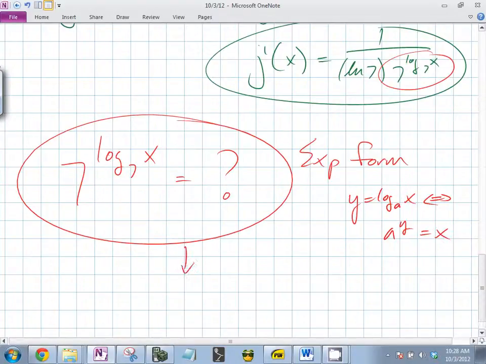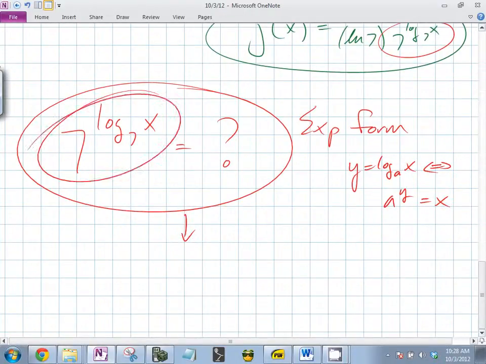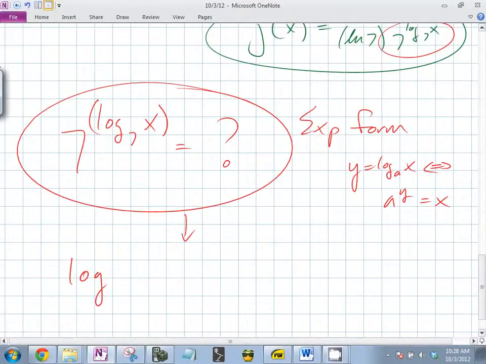So if this is exponential form, what's the base of this power here? What's the base? 7. What's the power? Log base 7 of x. So what does this turn into if we do this log? We do log base what? 7 of.